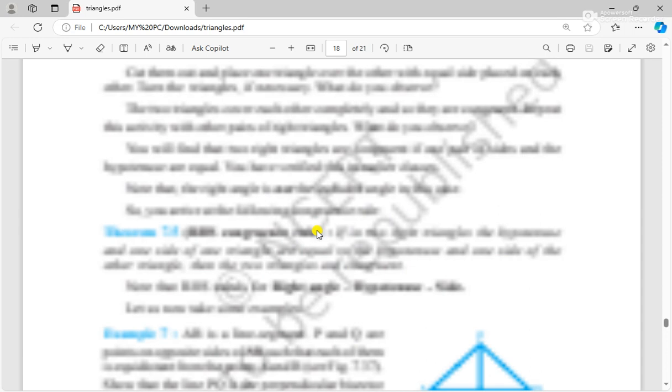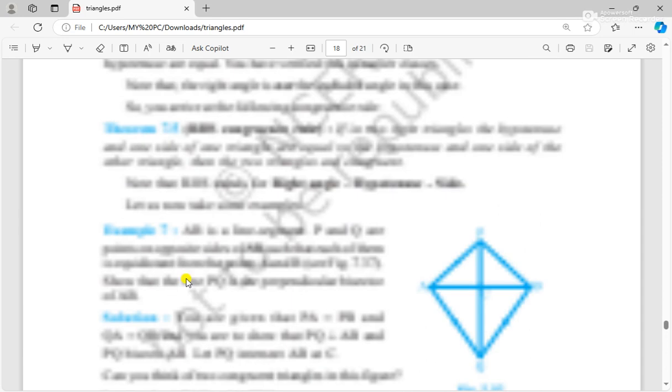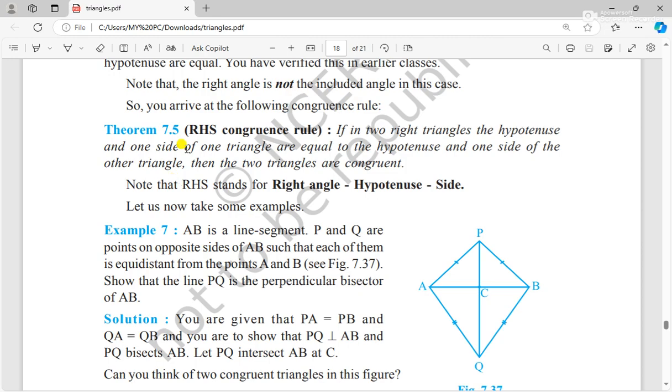Now we'll go to another theorem, that is this one, right? What is the rule of this one? The rule is RHS, or right angle hypotenuse side congruence rule. If in two right triangles the hypotenuse and one side of one triangle are equal to the hypotenuse and one side of the other triangle, then the two triangles are congruent. That is right angle hypotenuse side, the two triangles are congruent to each other.